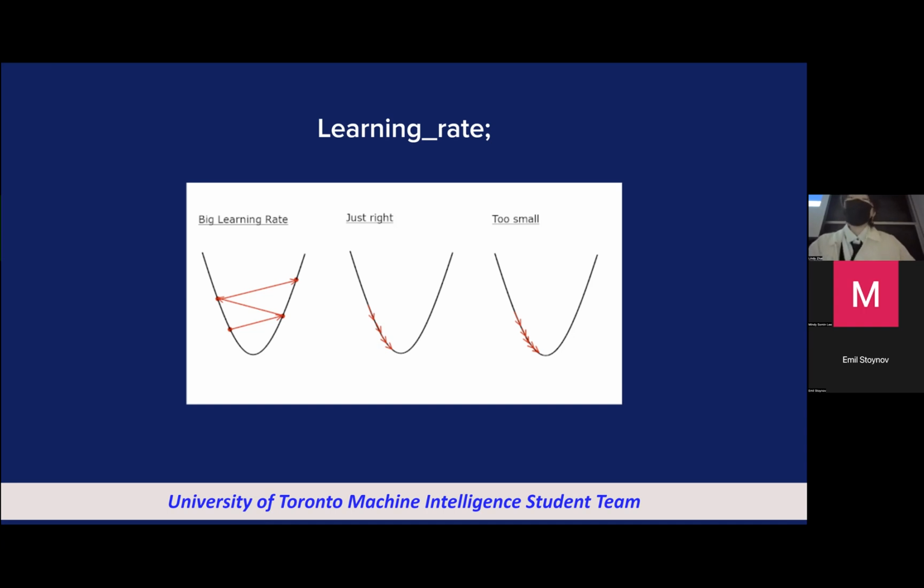Can anyone try to predict why taking too small a step is not a good option? Exactly, it's computationally too expensive. It's not that we don't want to take a small step. It's just that it will take way too long.